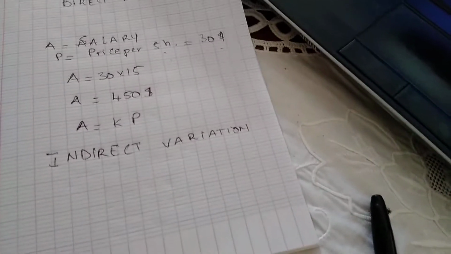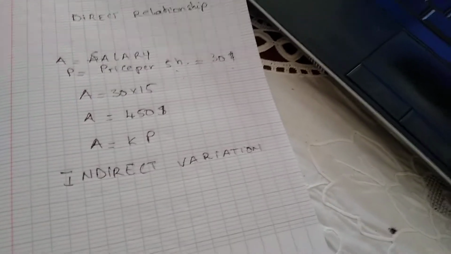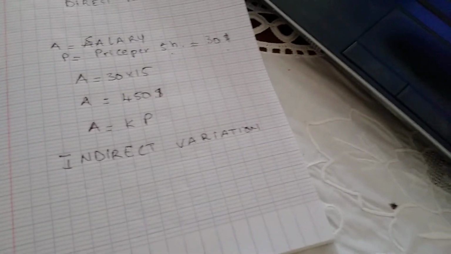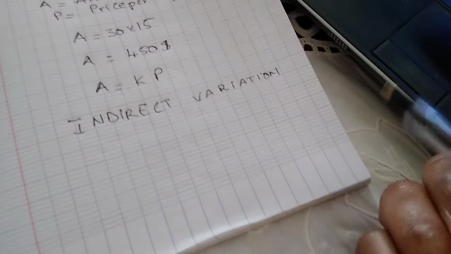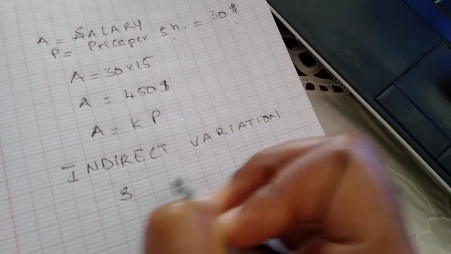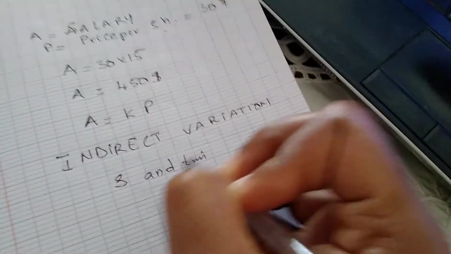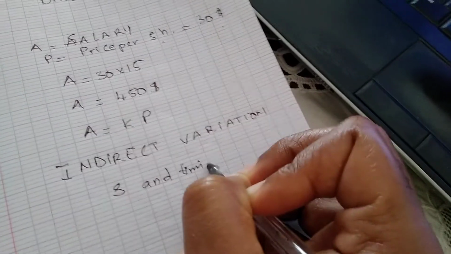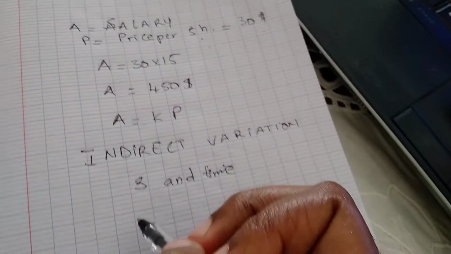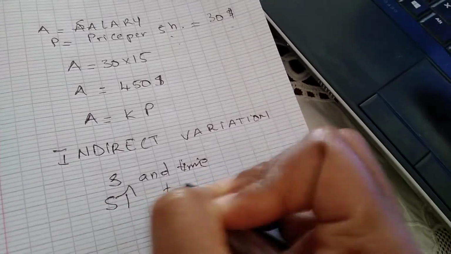What I mean is that when one increases, the other one decreases. So when you read the question, you realize that as one increases, the other one decreases. I can use the example of speed and time. When you have a question that way, you realize that as your speed increases, your time decreases.